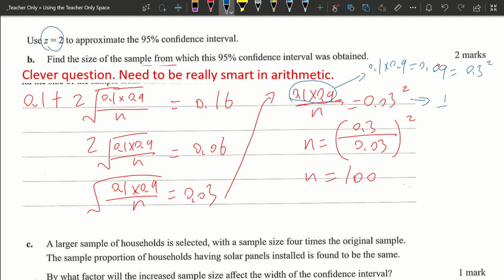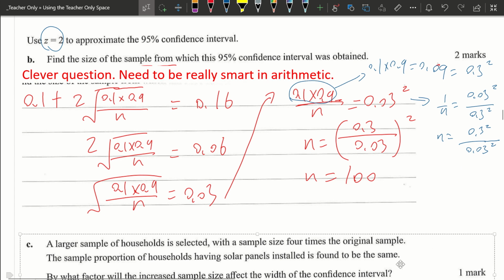So you have 1 over n is equal to 0.03 squared over 0.3 squared, because I'm just dividing the numerator, the top. So which means n is 0.3 over 0.03 squared. That's what I meant to write. Now you reciprocate everything.